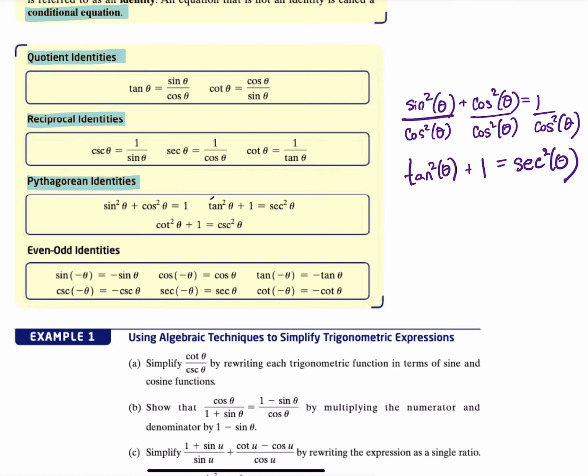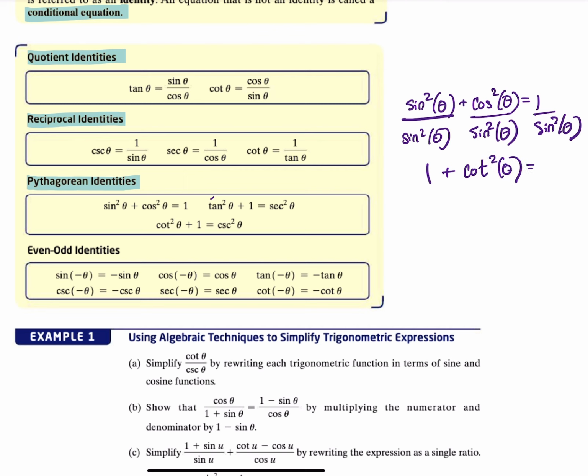If we go back and, instead of dividing by cosine squared, we divide everything by sine squared, our first term will become 1. Cosine over sine is the cotangent, so this becomes cotangent squared. And then 1 over sine is the cosecant, so this becomes cosecant squared.